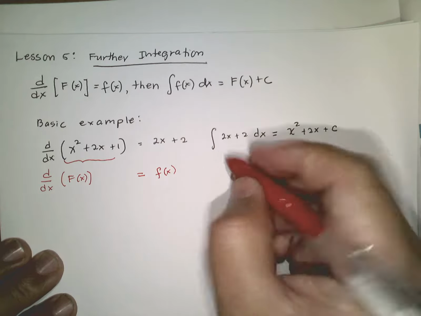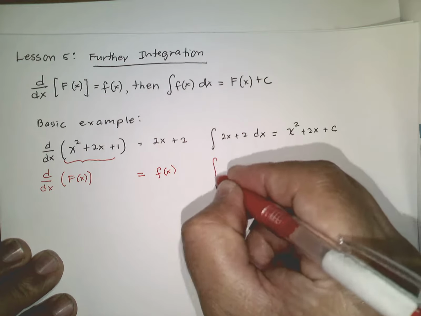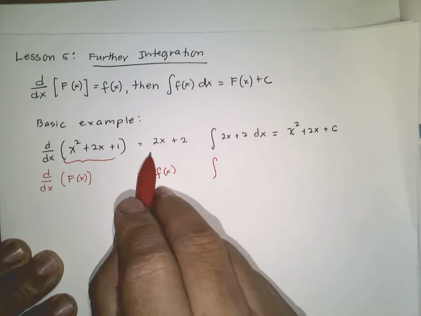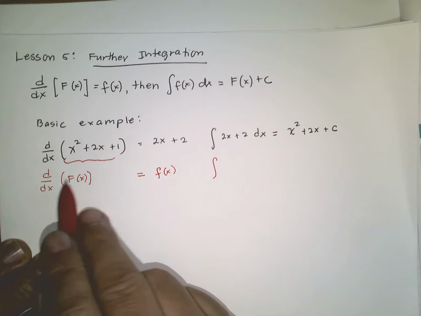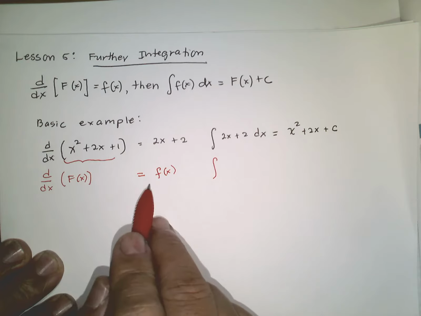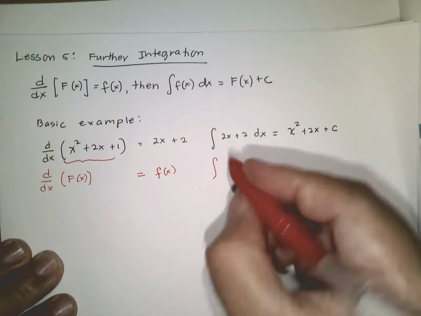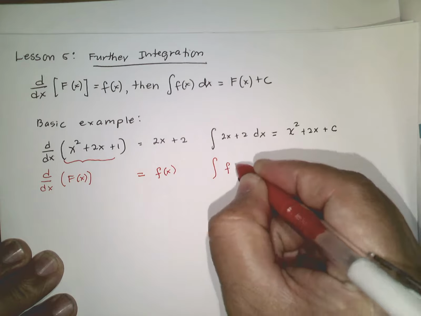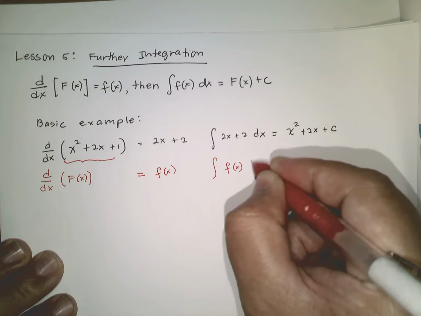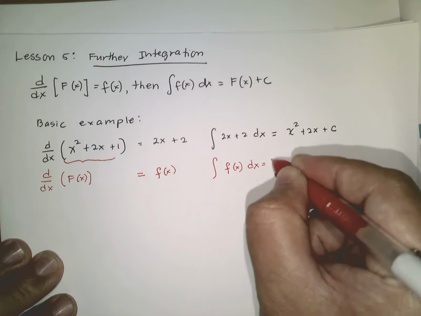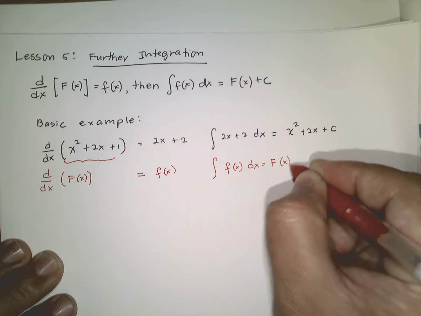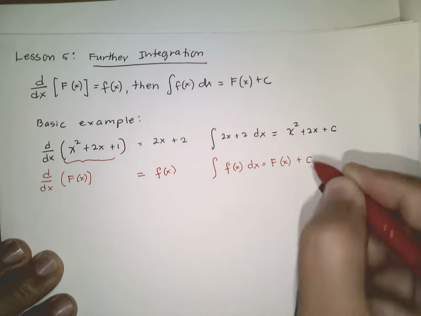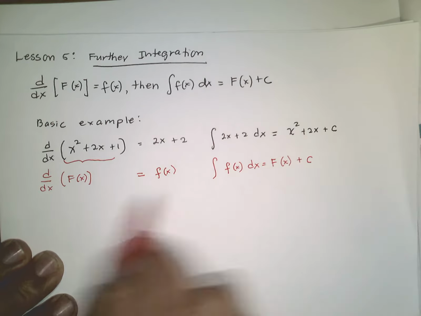So because these two are reversible, if the derivative of this function is the small function f, therefore the integral of the small function f of x with respect to x is the big F of x plus some number c.